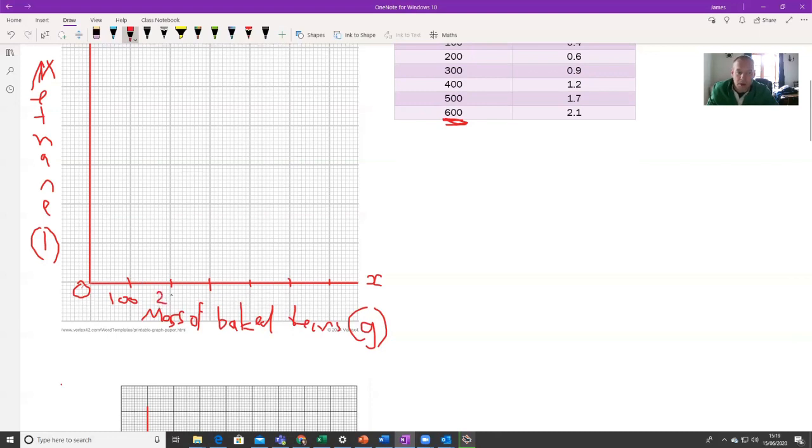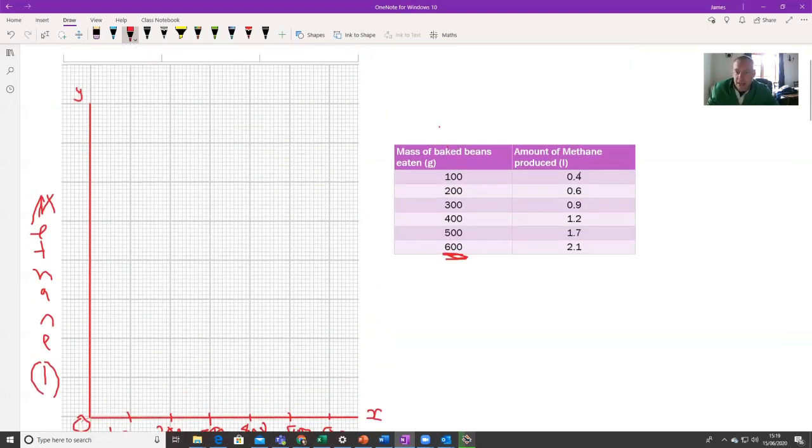So we've got 100, 200, 300, 400, 500, then we've got 600. So that is a good separation between each of the numbers. It goes nicely to the end, and so we'd consider that a good scale.